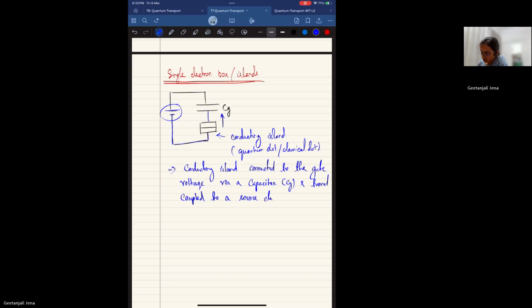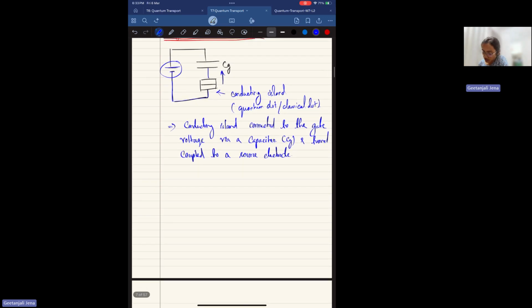For this nanoscale device, if you now look at what is the energy of this quantum dot or conducting island, precisely it is the classical dot. So E dot we can write as what is the induced charge due to this gate voltage and what is the charge that is there in this conducting island, squared by 2C.